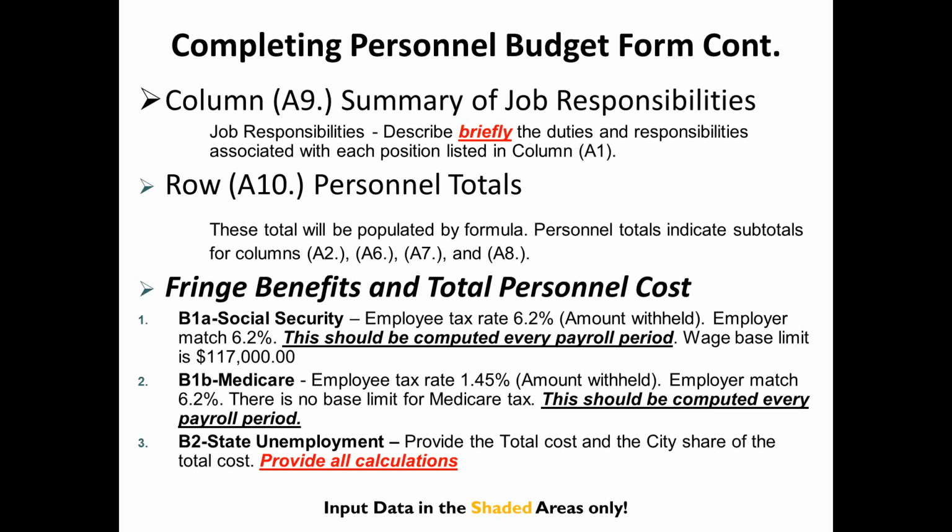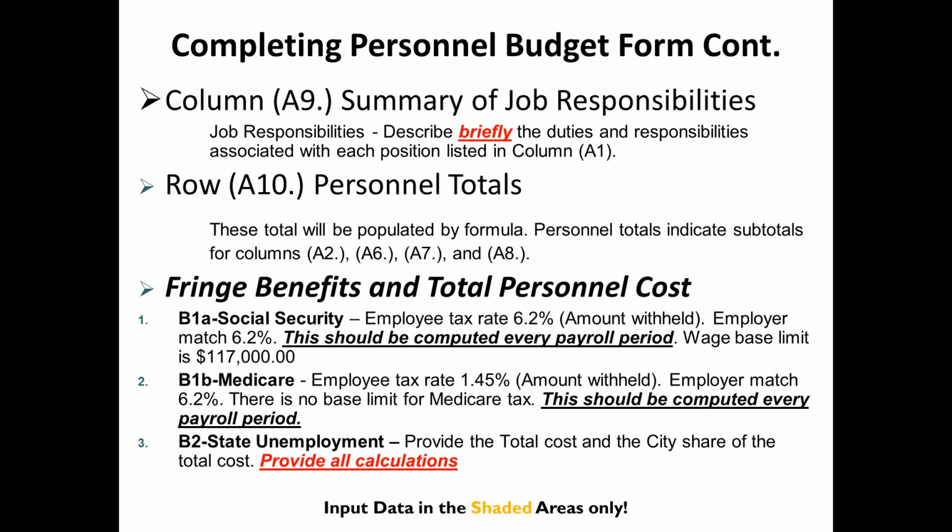And the employer's match is also 6.2%. This is the amount that you will match for every dollar that you are withholding from the participant's paycheck. There is a limit on this, $117,000. Once we reach that limit, we no longer are responsible for Social Security. Hopefully, for what we're doing, we won't have to worry about that.